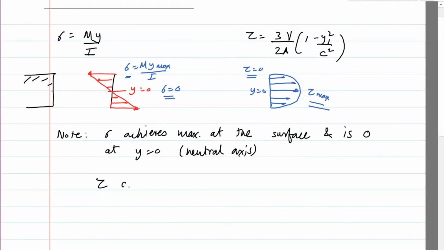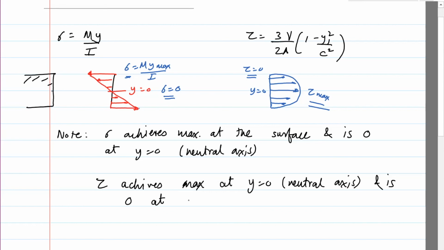Tau, on the other hand, achieves max at y equals 0, which is the neutral axis, and is 0 at the surface.